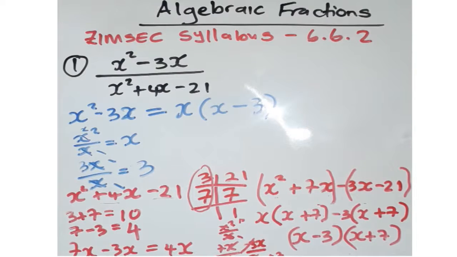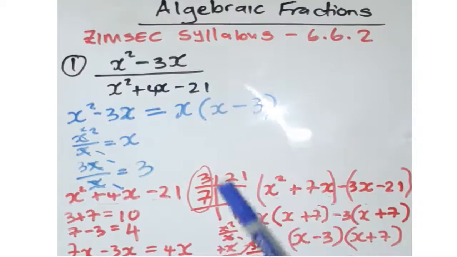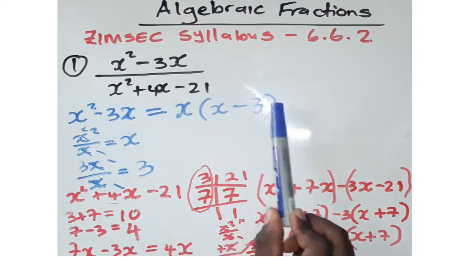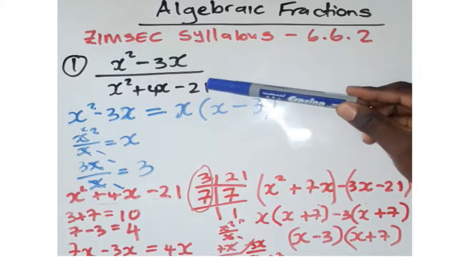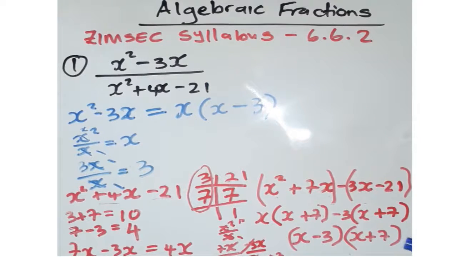So as we can see, we factorized the numerator, which is x squared minus 3x, to get x, open bracket, x minus 3, close bracket. And then we factorized x squared plus 4x minus 21 to get x minus 3, x plus 7.